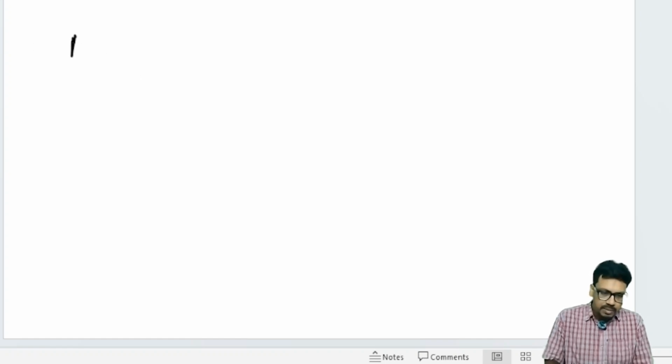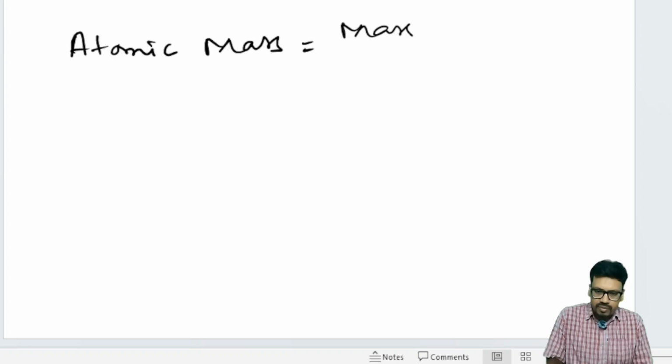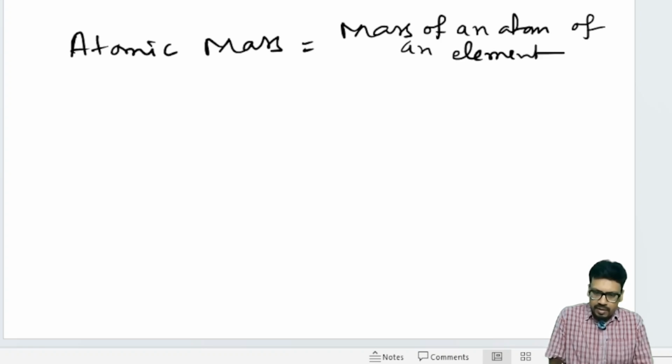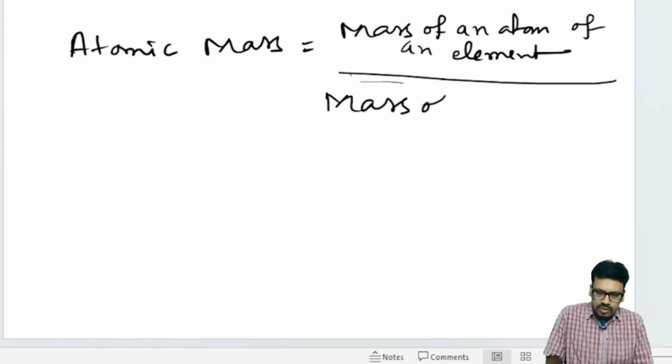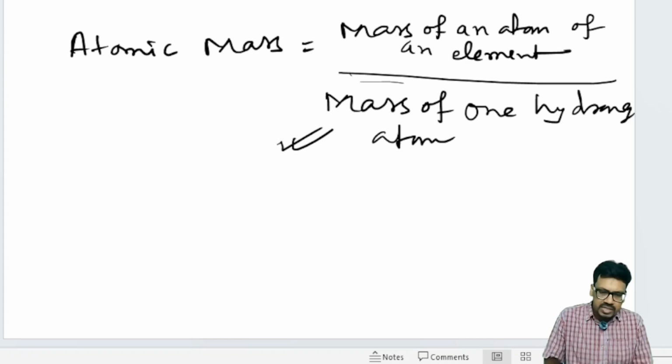That means atomic mass is the mass of an atom of an element divided by the mass of one hydrogen atom. Clear? So this is the mass and this is the mass.